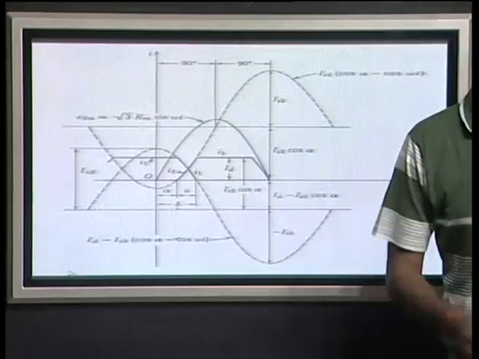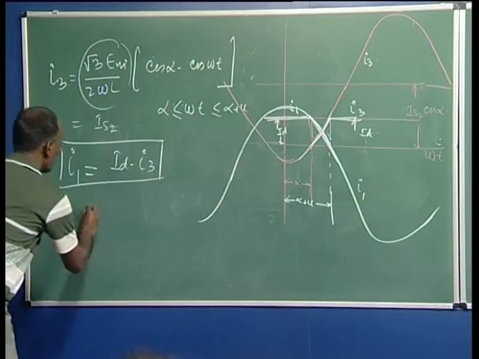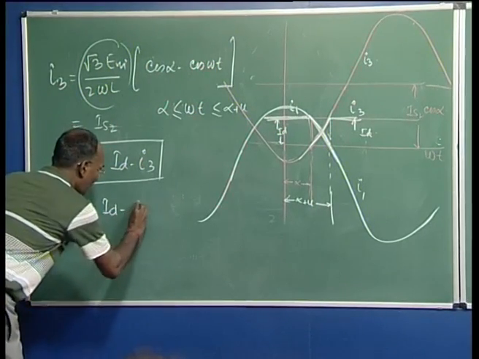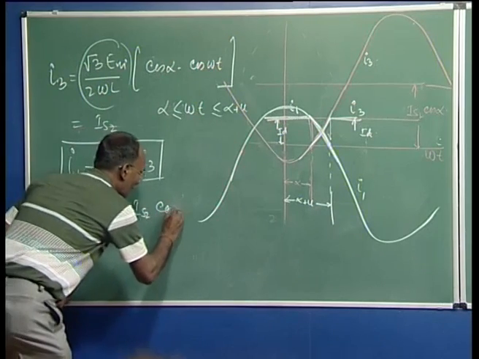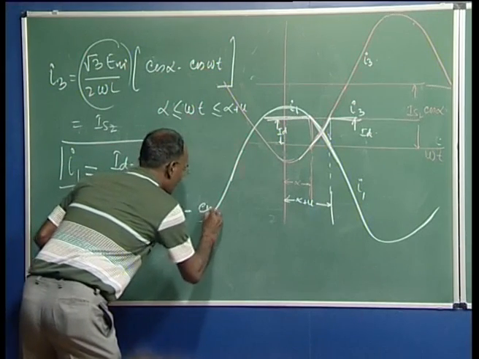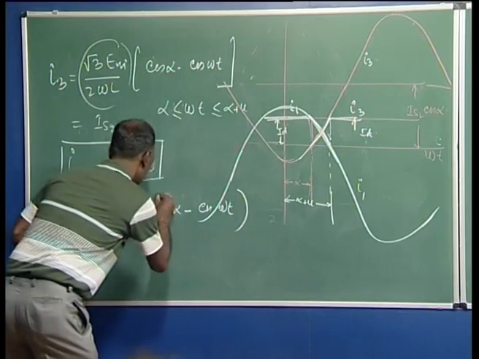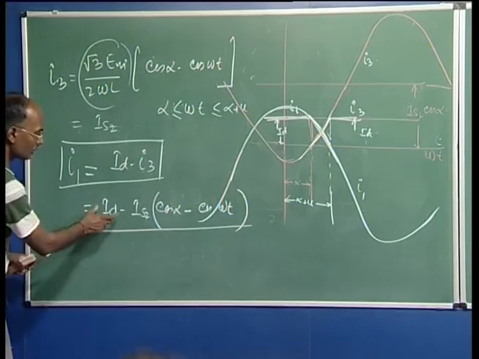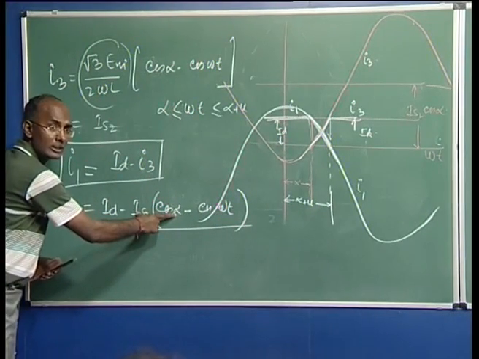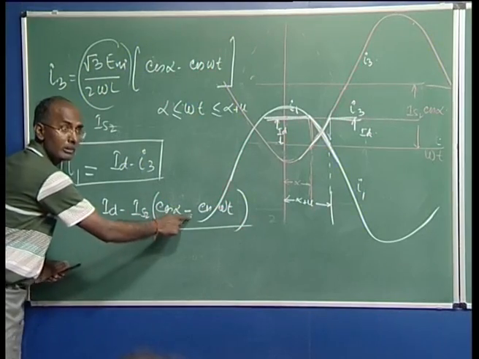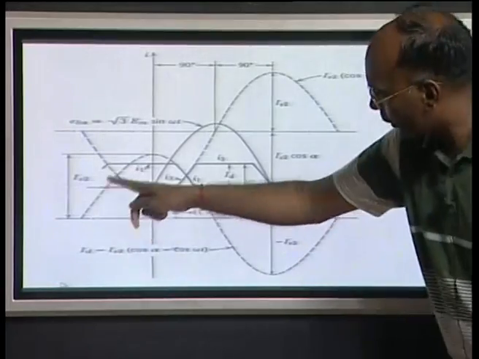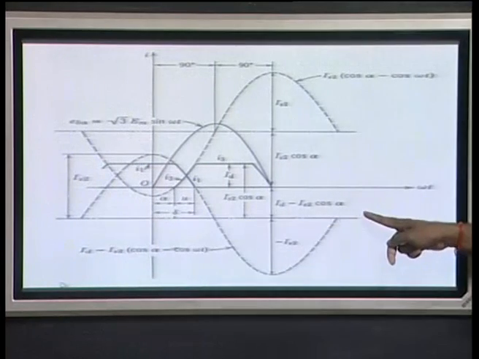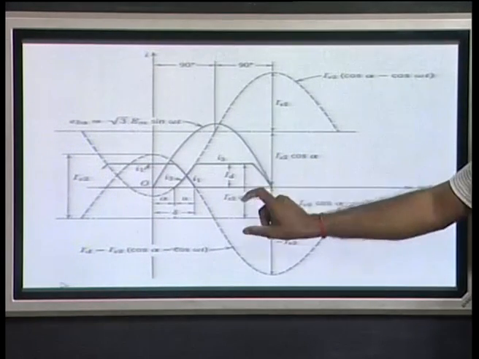Because what happens here, if we put this value, it is ID minus Is2 cos alpha minus cos omega t here. So, this minus this is again a constant value, and this will be positive. So, you can say this is a cosine, but now the axis becomes this, because this is ID minus this.